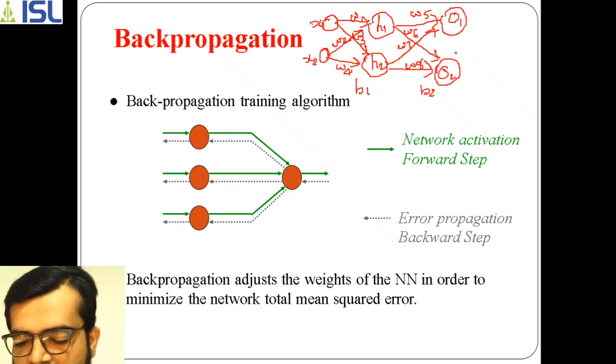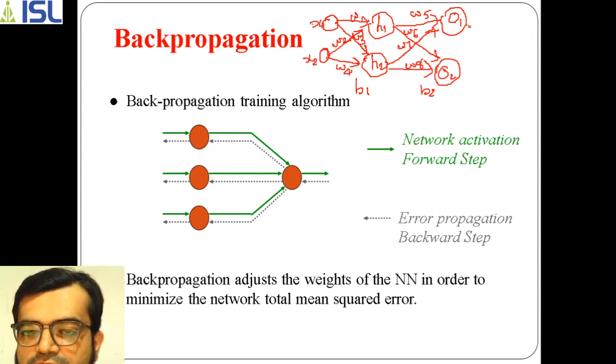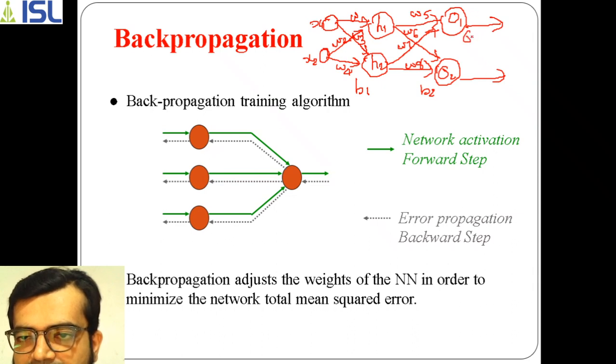For the given network, where I have two inputs, two hidden functions in the hidden layer, and two output functions in the output layer, suppose the expected output of each output function is 0.5.